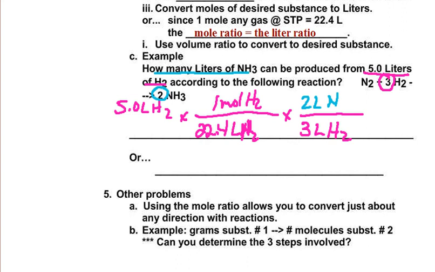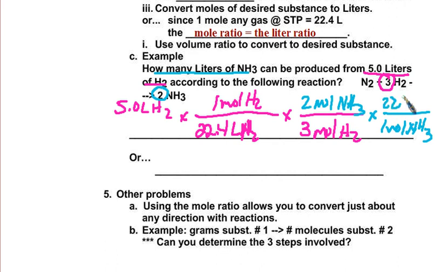Sorry, those should be moles. And then we know that 1 mole of NH3 equals 22.4 liters of NH3. And then we go through.